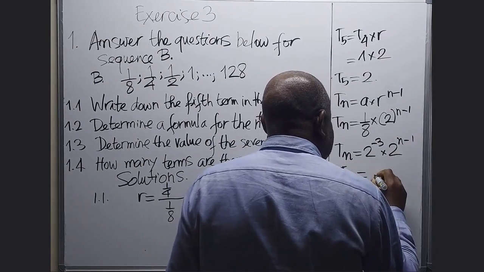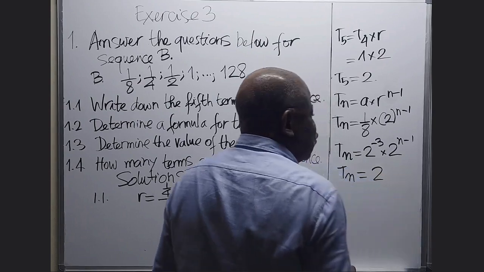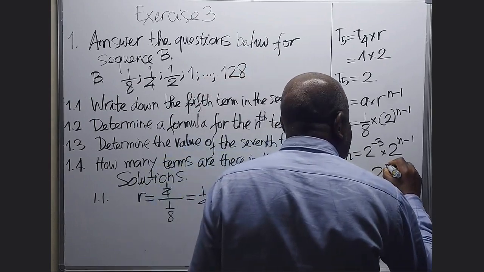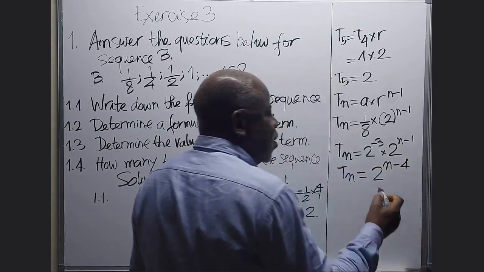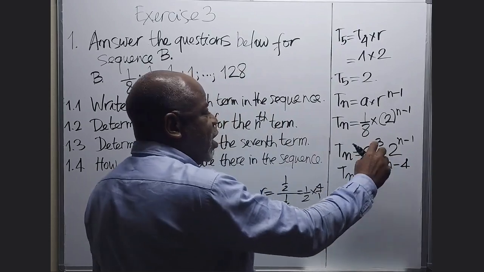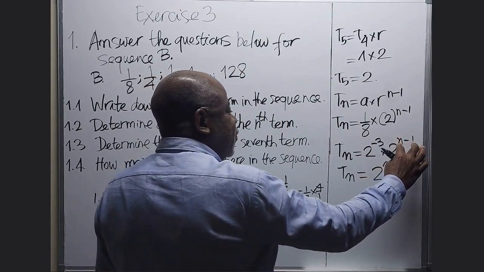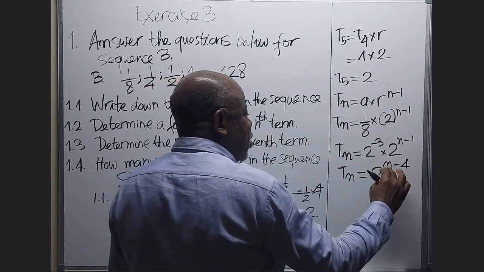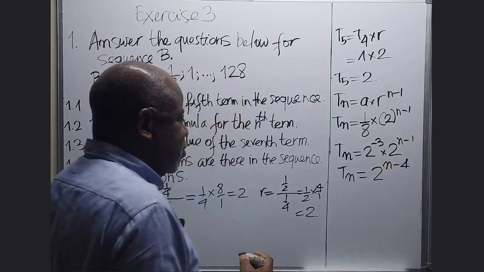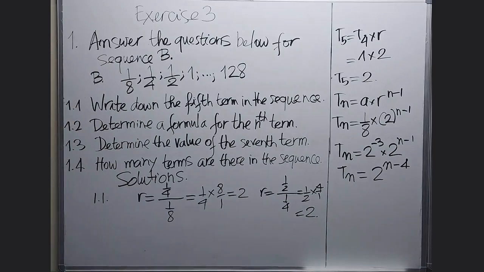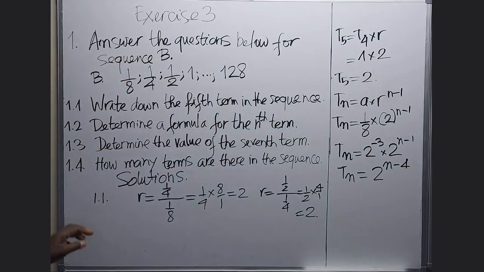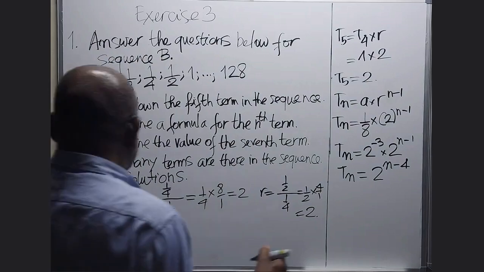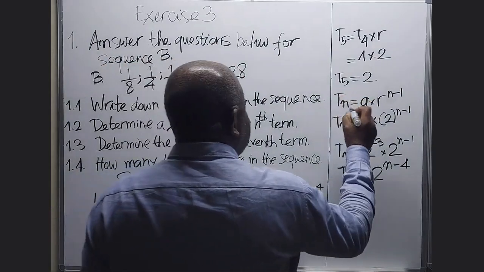So our Tn will be 2 to the power of n minus 4, because the power here is -3 plus n minus 1, we're getting n minus 4. So this is the formula for the nth term. That was question 1.2.